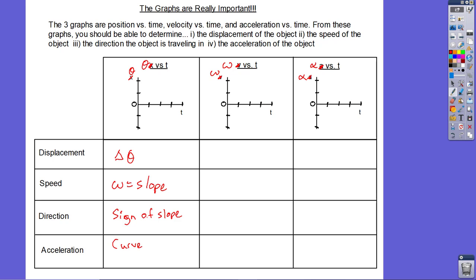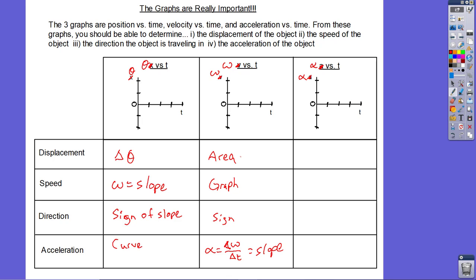Okay, when we look at the angular speed graph, for the direction, we're looking at the sign, positive or negative. For acceleration, remember that is going to be equal to the slope, so we know the angular acceleration is the change in velocity over the change in time, which is equal to the slope. And the displacement, if you remember, is equal to the area, which is still true here.